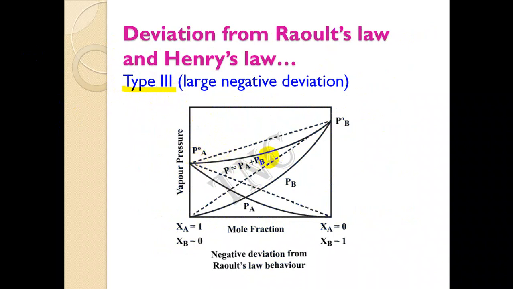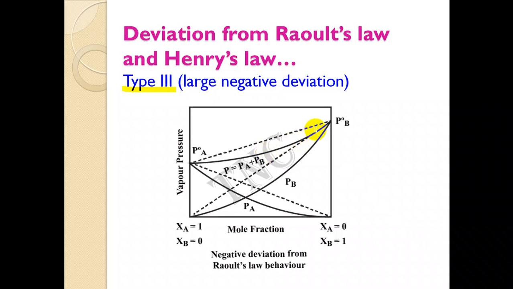which is nothing but negative deviation. Look at this graph. You can see the solid line lies below the expected straight line, right? So this is known as negative deviation.